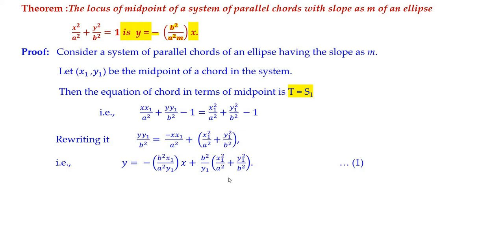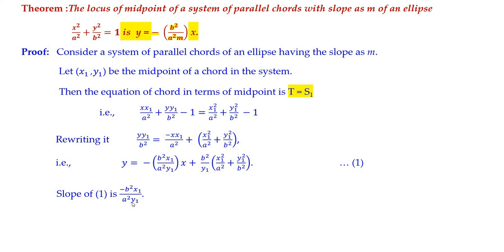So from this we can get the slope of this equation to be minus b square x1 by a square y1. Now this is the equation of the chord in terms of its midpoint, and already by the assumption all of them have the slope as m.